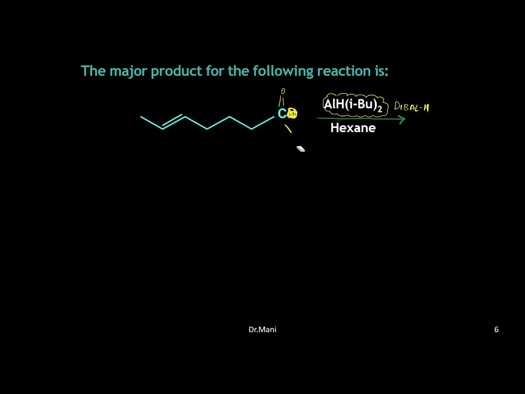So why hexane? Hmm? Hexane acts like a catalyst. We saw now that toluene we used. Toluene is nothing but what? Hexane with CH3, right? Yes, sir. Okay. So here that acts like a catalyst.